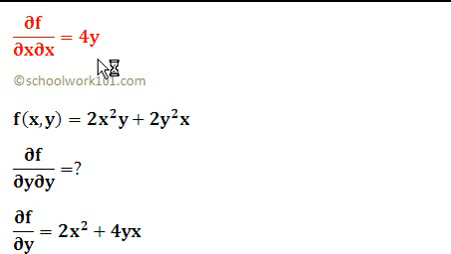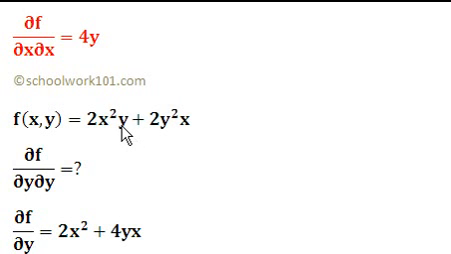So we're left with 4y. Now we're going to take the partial of f over the partial of y. We're going to do the same thing, except this time we're taking the derivative of y and holding x as either a constant or a coefficient.